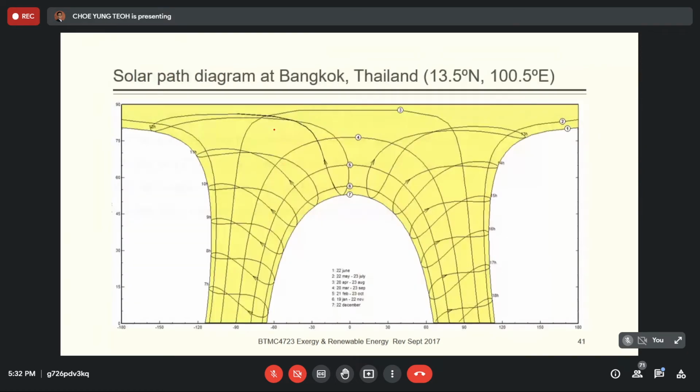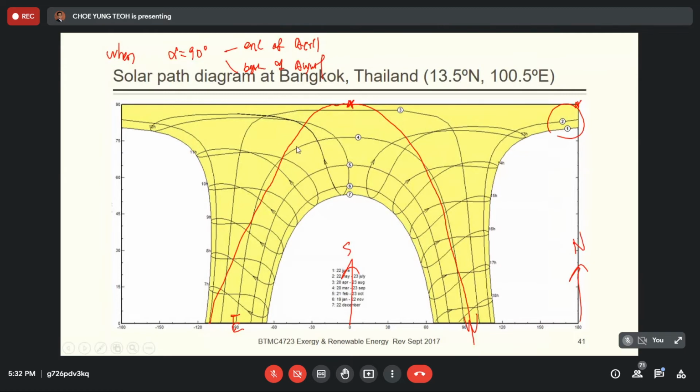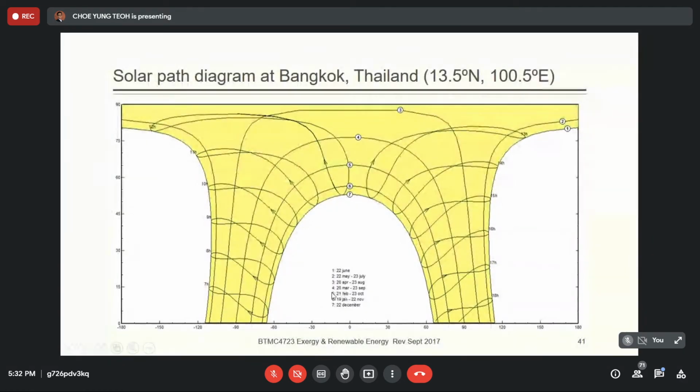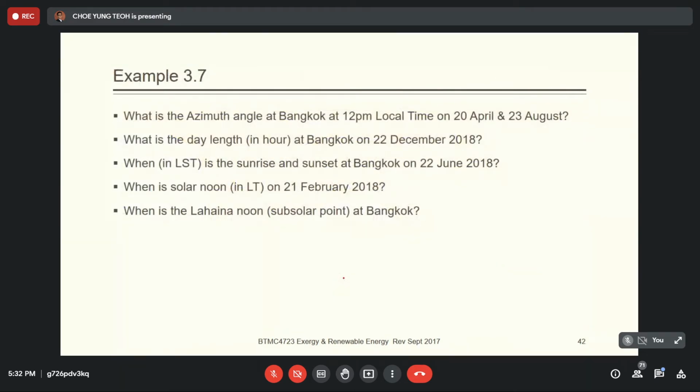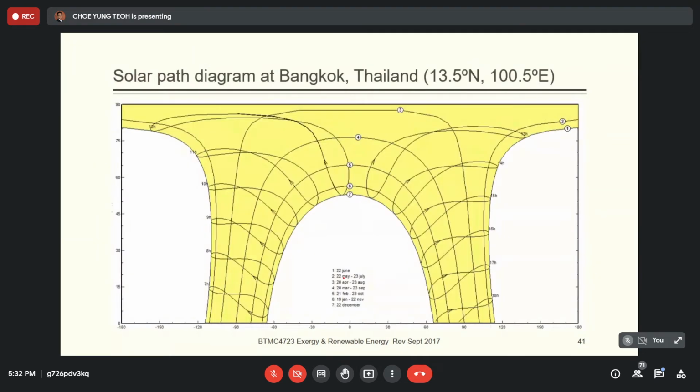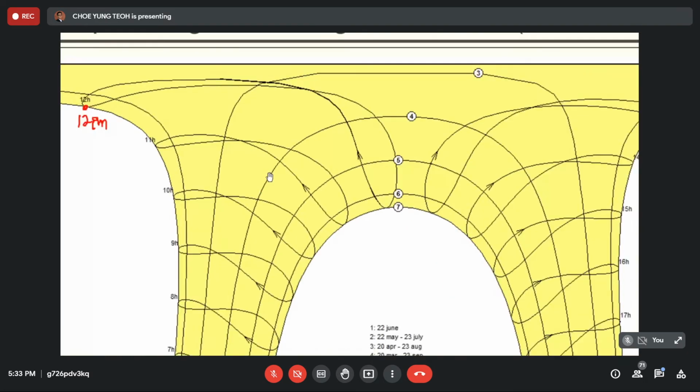Of April and 23rd of August. So it's line 3, and then the altitude angle at 12 p.m. local time. So 12 p.m. local time is over here. Okay, so at this point, again, we have 2 points.